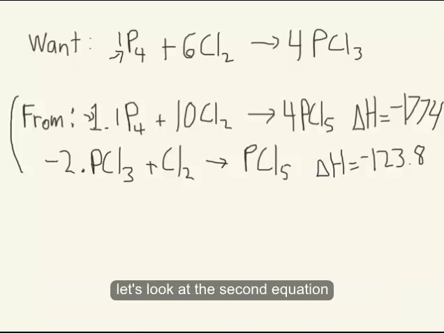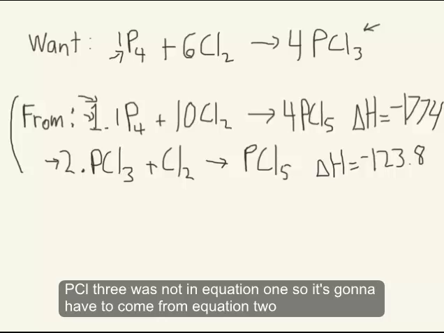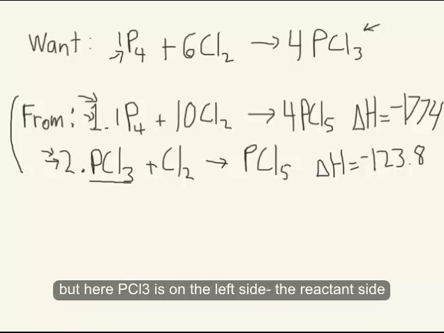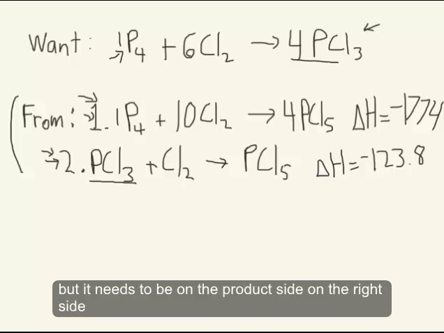Okay, let's look at the second equation. Something that we still need to get in our top equation is PCl3. PCl3 was not in equation 1, so it's going to have to come from equation 2. So here PCl3 is on the left side, the reactant side, but it needs to be on the product side, on the right side.